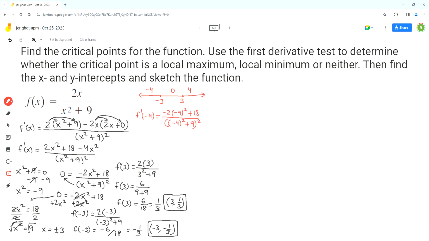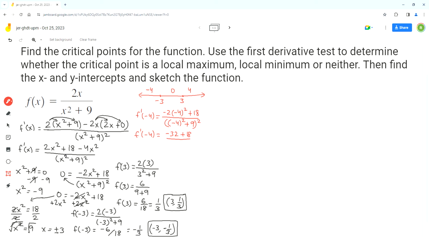Now in the denominator, the result will always be positive. Now in the numerator, negative 4 squared is equal to positive 16, and 16 times negative 2 is negative 32. So we'll get negative 32 plus 18.